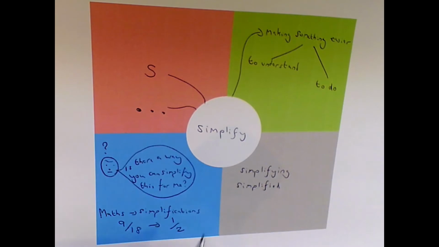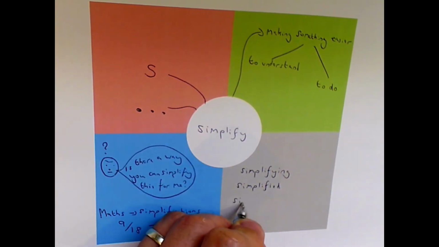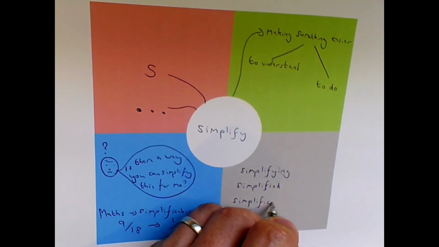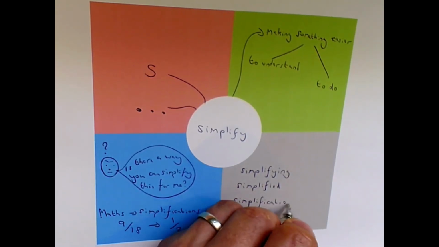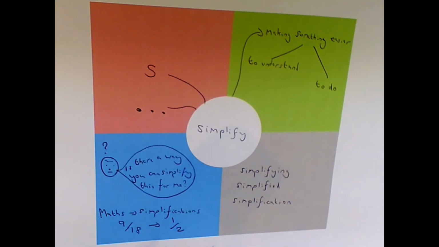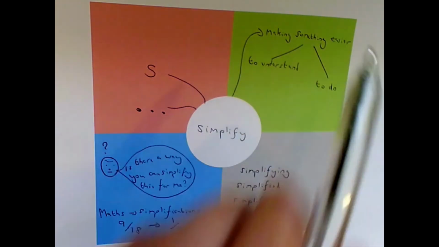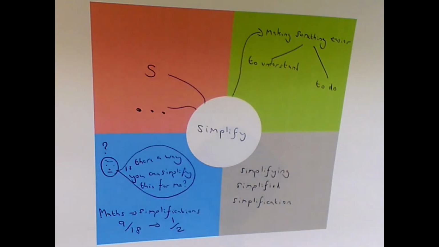And that means you have done, like in maths, a simplification. So you have these words, simplifying, simplified, simplification, all come back to this idea of simplify being making something easier to understand or easier to do. And there's our word map.